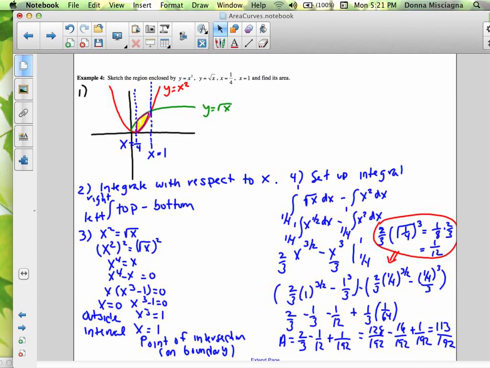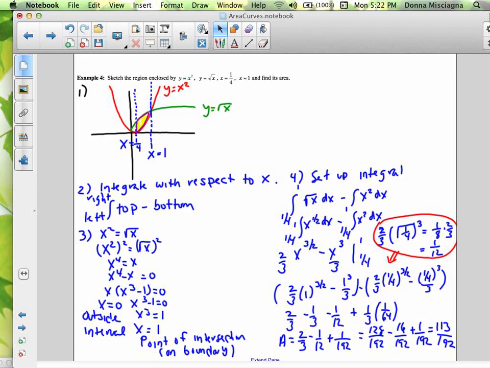We have the red, which is y equals the square root of x, which makes sense. If you use really small values, the square root is going to be bigger than the number you're taking the square root of. And the equation on the bottom is y equals x squared. So we're going to have the square root of x minus x squared. And since 0 is outside the boundaries, we're just going to go between those lines, 1/4 and 1.